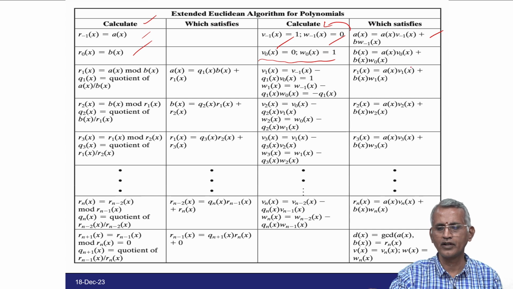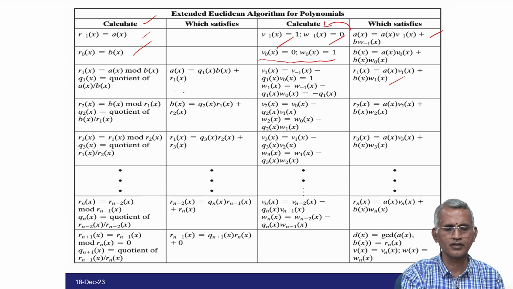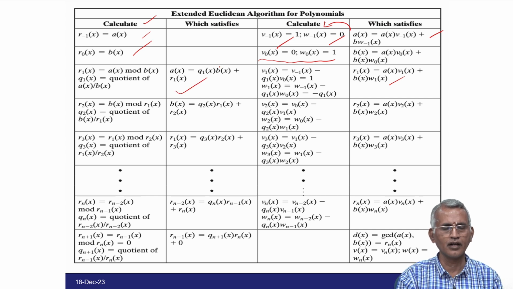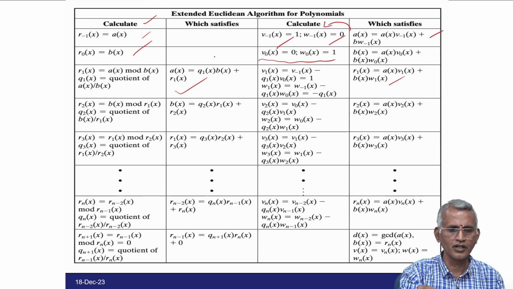Next we have to calculate r1 of x equals a of x into v1 of x plus b of x into w1 of x, divided by the division algorithm, a of x equals q1 of x into b of x plus r1 of x. Check it out, the residue, that is called the remainder, should be identically equal to a of x under modulo b of x, and here q1 of x is the quotient.